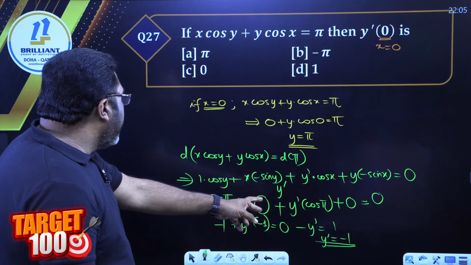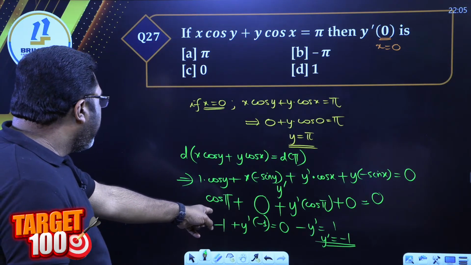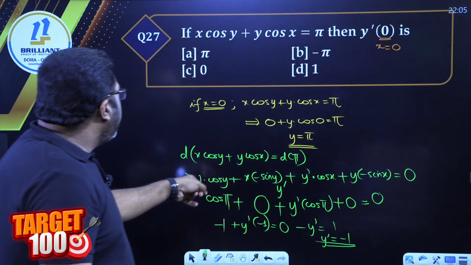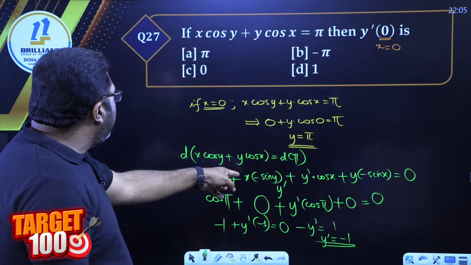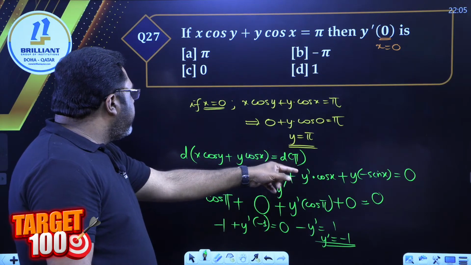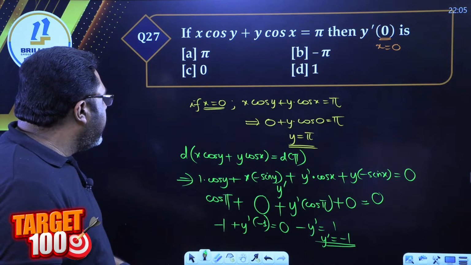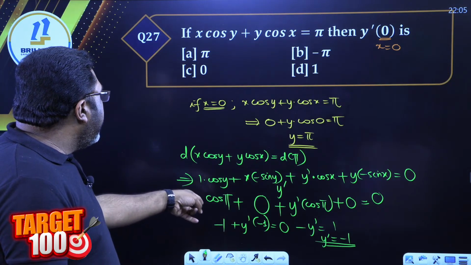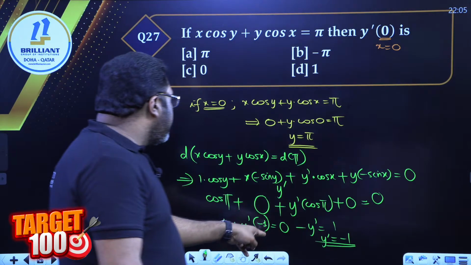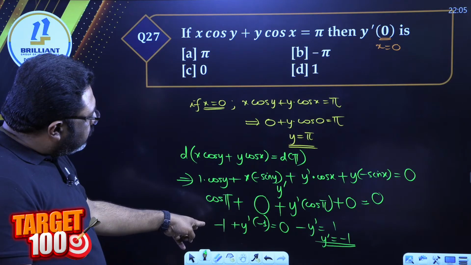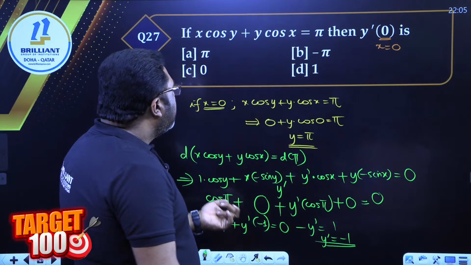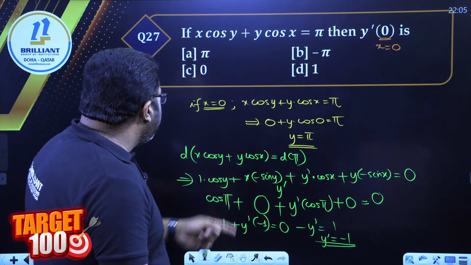Just check, y dash is equal to, supposed to get 1. 1 into cos y plus x into minus sin y plus y dash into cos x plus y into minus sin x equal to 0. Cos pi, 0, y dash cos pi, which is minus 1. Answer should be minus 1, but we are not getting the answer as supposed to come as 1.